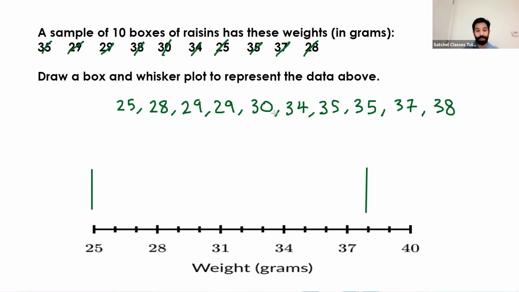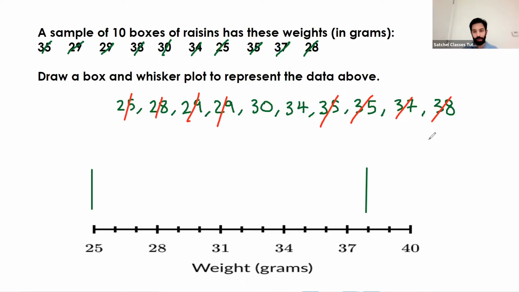And then we can find our median. I'm just going to use a different color pen. In this case, as we have 10 values, it's going to be slightly harder to find a midpoint, because if we were to cross a number off from the left and then the right, from the left and then the right, we'll have 2 values in the middle. So we need to find the midpoint of 30 and 34.